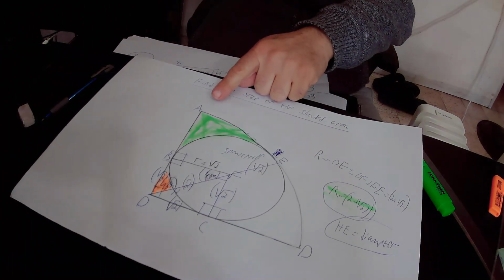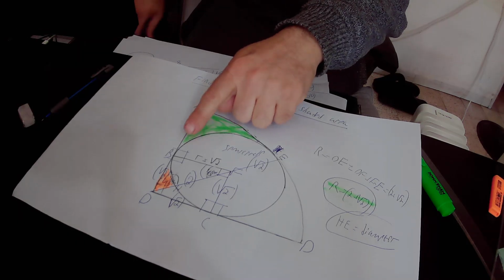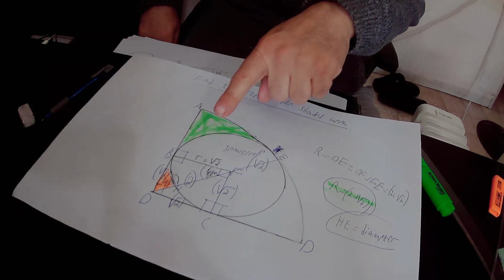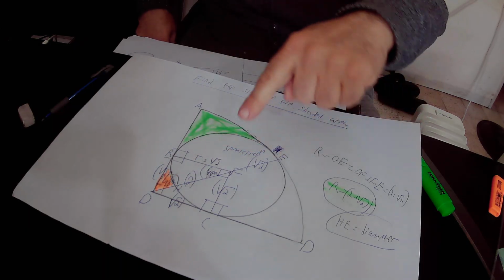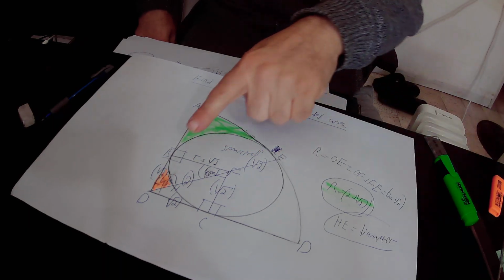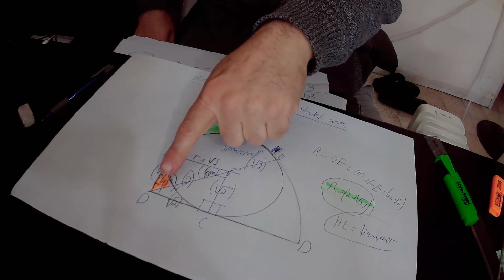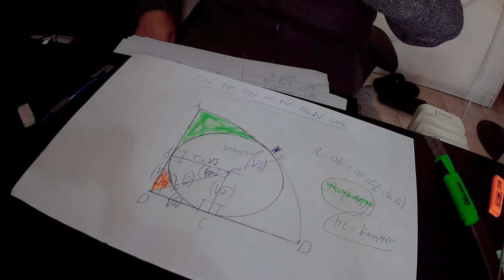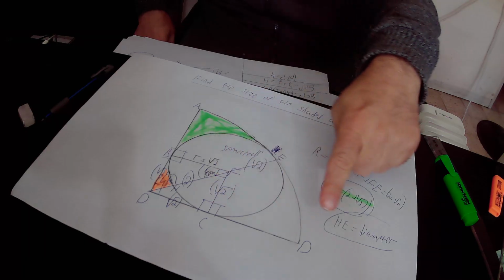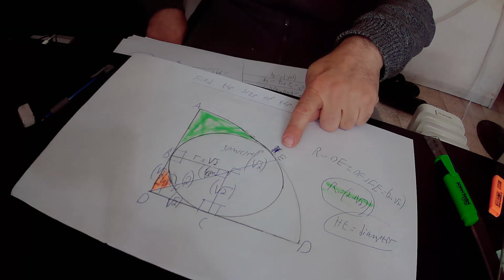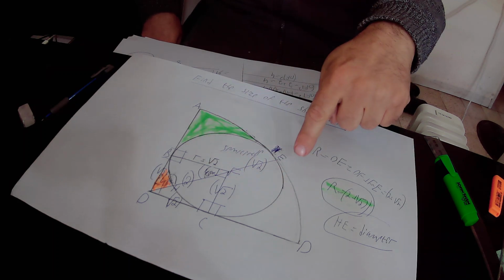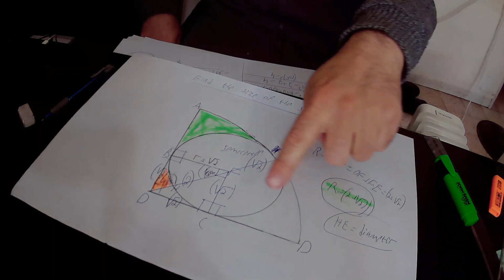We define this point as A, we define this point as B, we define this point as the center of the quarter circle, so we define the center of the quarter circle as O. We define this point as C, we define this point as D. This point is the touching point between the small circle and the big quarter circle.